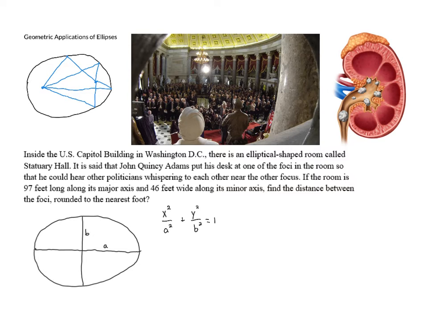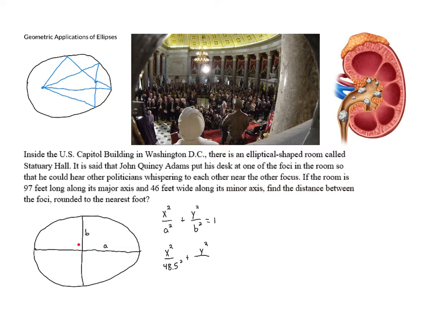So in this case, we'll have x squared over, now remember the major axis is 97 feet long, and so the value of a is going to be half that, which is 48.5. So this will be x squared over 48.5 squared plus y squared over b squared.